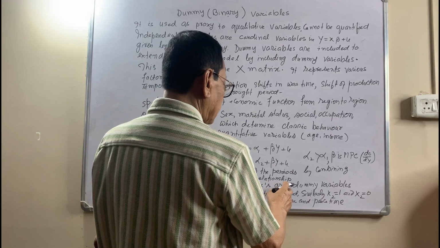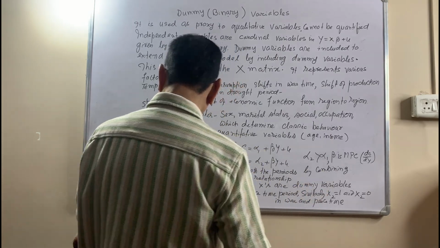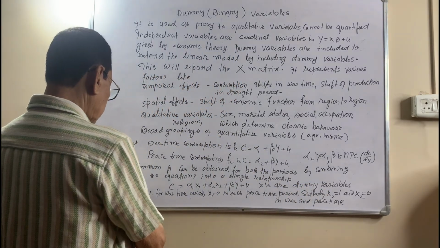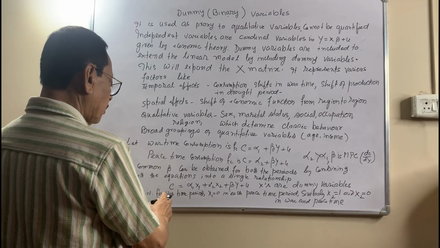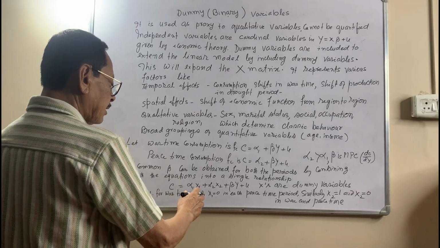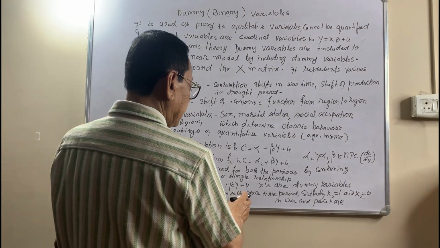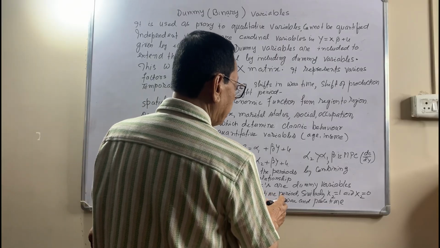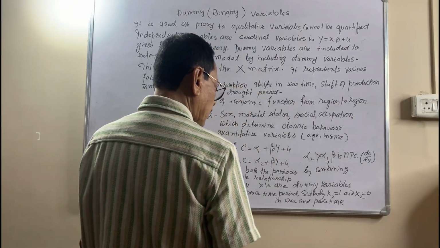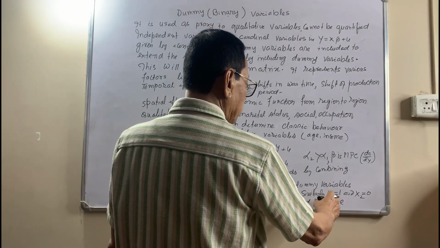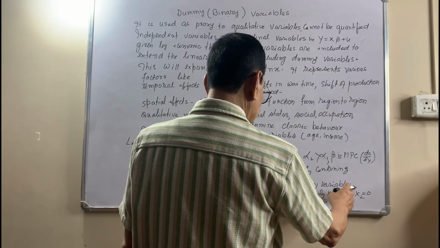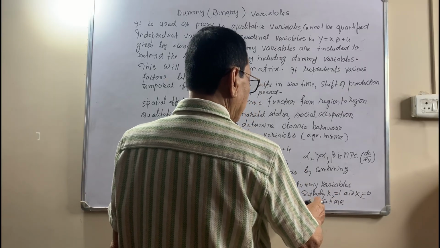So X are dummy variables. X1 is equal to 1 for the wartime period, and X1 is equal to 0 in the peacetime period. Similarly, X2 is equal to 1 in peacetime and X2 is equal to 0 in the wartime period.